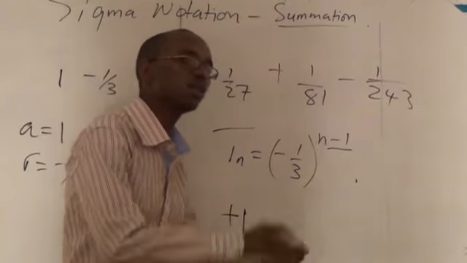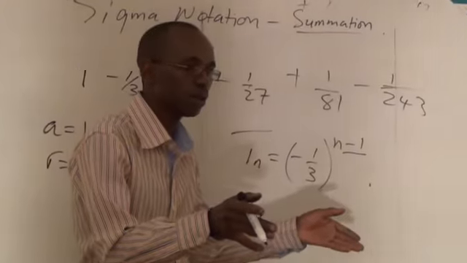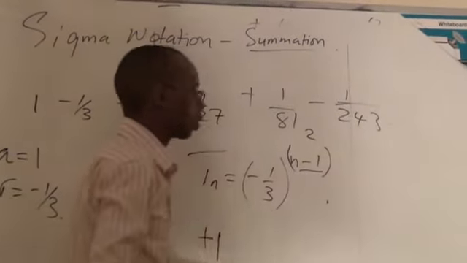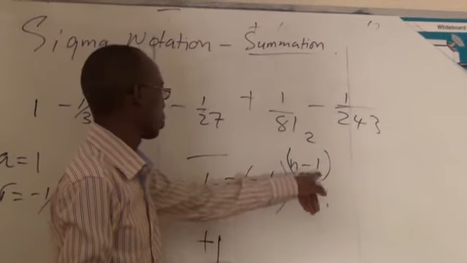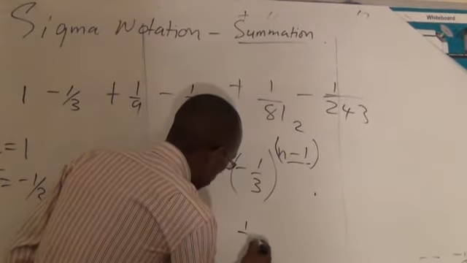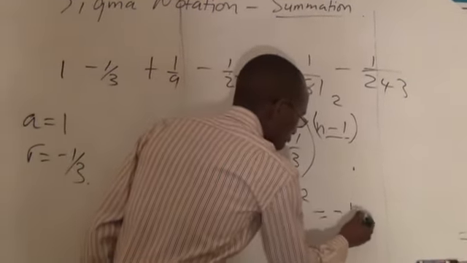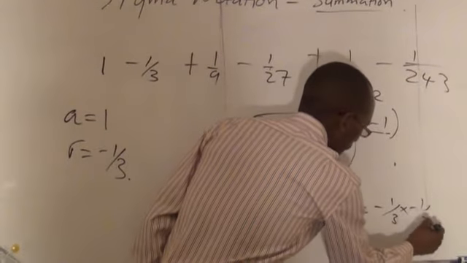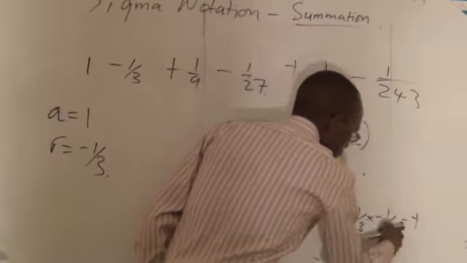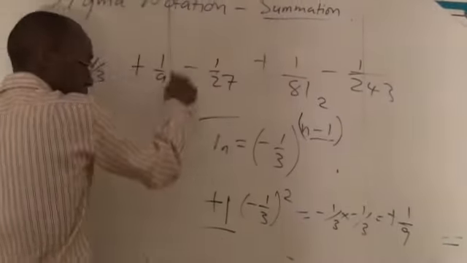By even I mean 2, 4, 6, 8, 10. Suppose this power is 2 now, which means n is equal to 3, since 3 minus 1 gives 2. Then you have minus 1 over 3 to the power 2, which is minus 1 over 3 times minus 1 over 3. Minus times minus is plus, and 1 over 3 by 1 over 3 is 1 over 9. So plus 1 over 9, and we can see our plus 1 over 9.